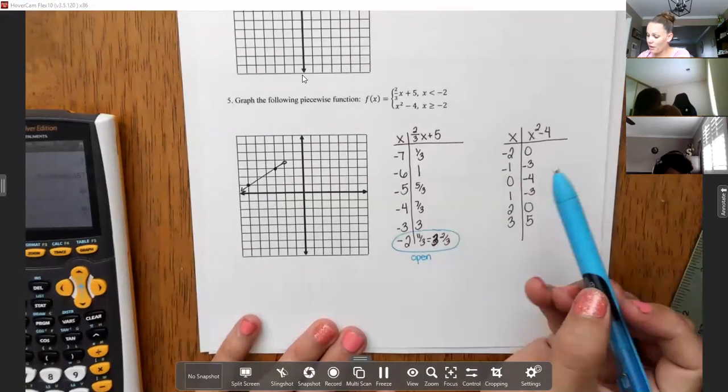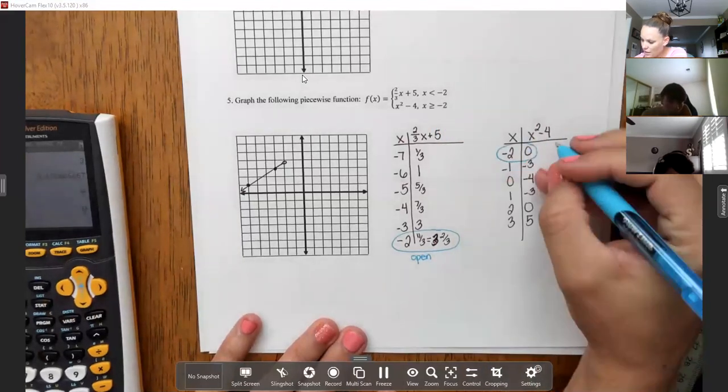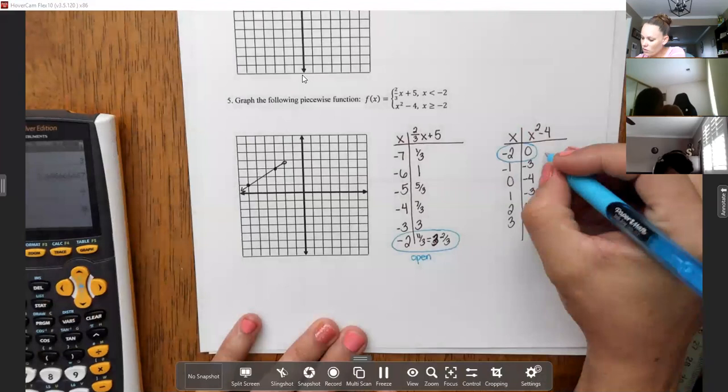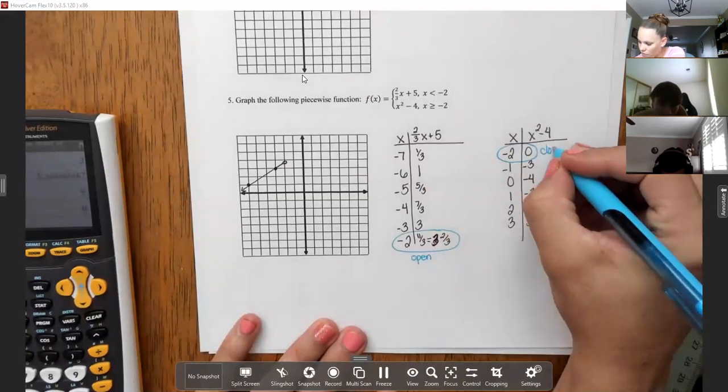And since this point right here at -2 was that boundary, since it has the or equal to, it's going to be our closed circle.